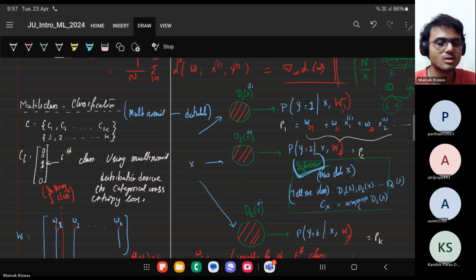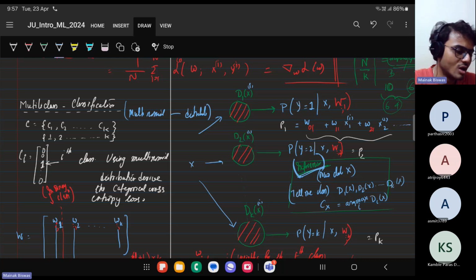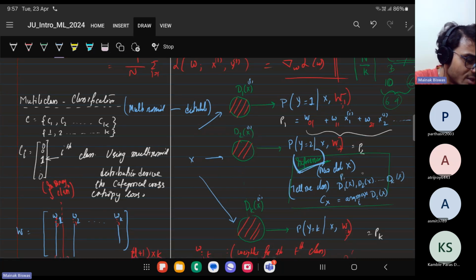So then how will you say which class it belongs to? The value which is maximum probability, where you will assign the data point to that class, right? Like a voting system. Whoever gets the maximum percentage of votes will be declared the winner. All of them are outputting probabilities P1, P2, and the sum is equal to 1. One of them will have maximum probability.